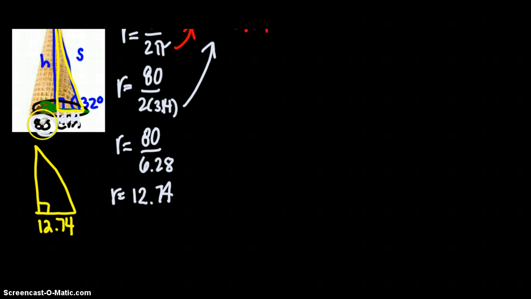The reason 80 is not the base is because we used 80 to get the 12.74. That's the whole circumference of the bottom, while the radius is just this part, and how it ends right here. Let's continue labeling. 12.74 on the bottom, then we have the height, then we have the length.